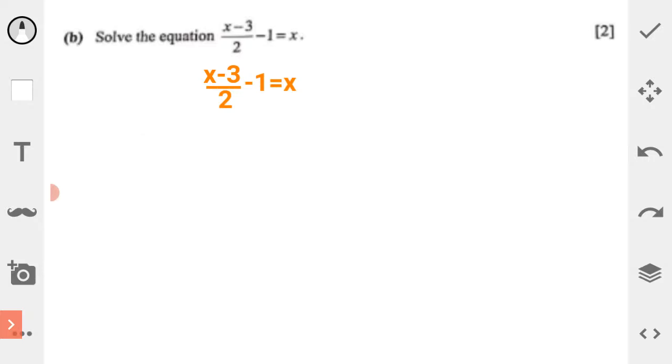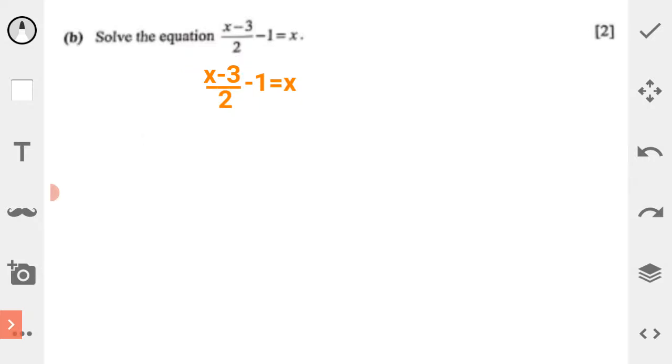So what you need to do now is get rid of the fraction, which is x minus 3 over 2. So what do you do to get rid of this fraction? That means I'm going to multiply every term in this expression by 2.